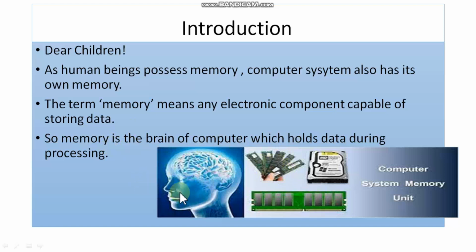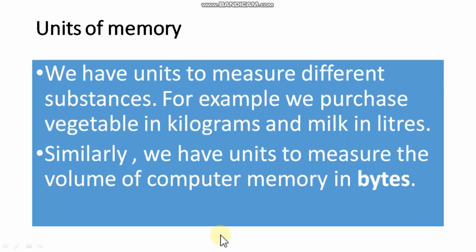See the picture. Where do we store our things? We store them in our memory, in our brain. Similarly, when a computer has to store something, it takes the help of an electronic component. That electronic component stores data and is called memory.